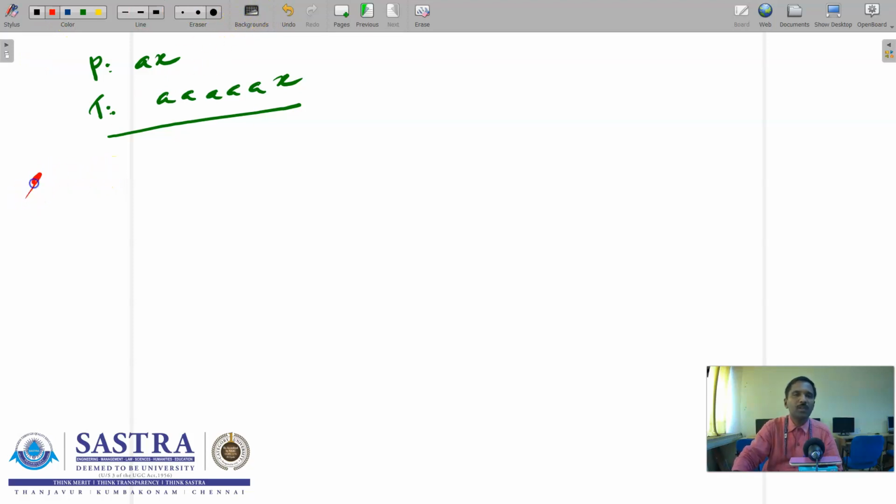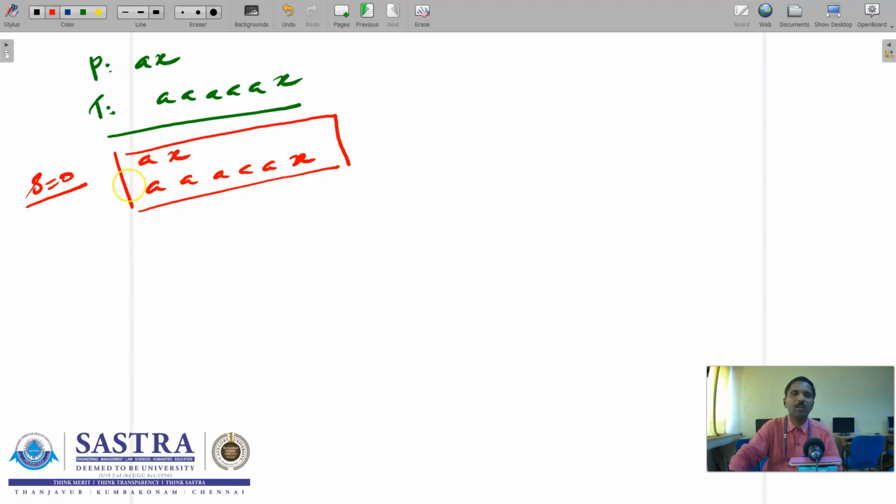In shift S equal to 0, how do we compare AX? The character positions are indices 1, 2, 3, 4, 5, 6; this is text T, this is the pattern. Pattern characters 1, 2: A and A result in a match, then X and A mismatch.